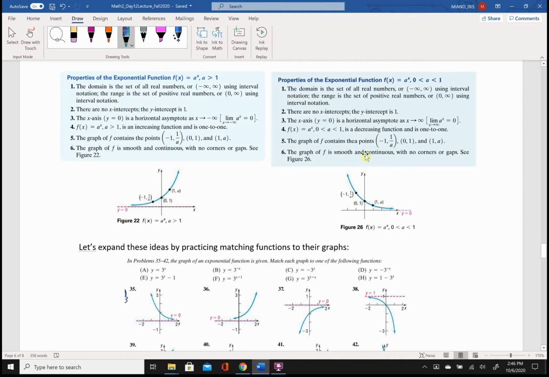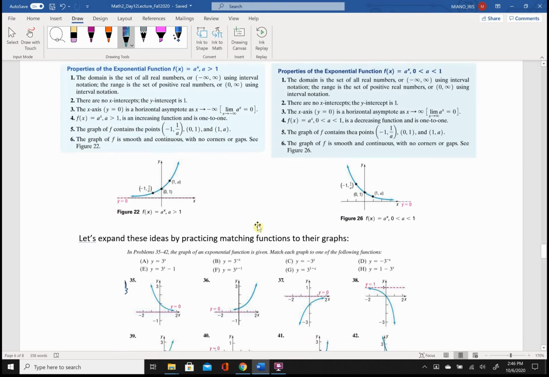And the graph is smooth and continuous no matter what, there's no corners or gaps. Either you are growing exponentially as you increase your values of x, or you are decaying exponentially as you increase your values of x. It'll all depend on that a value, the base of your exponential expression in your exponential function.